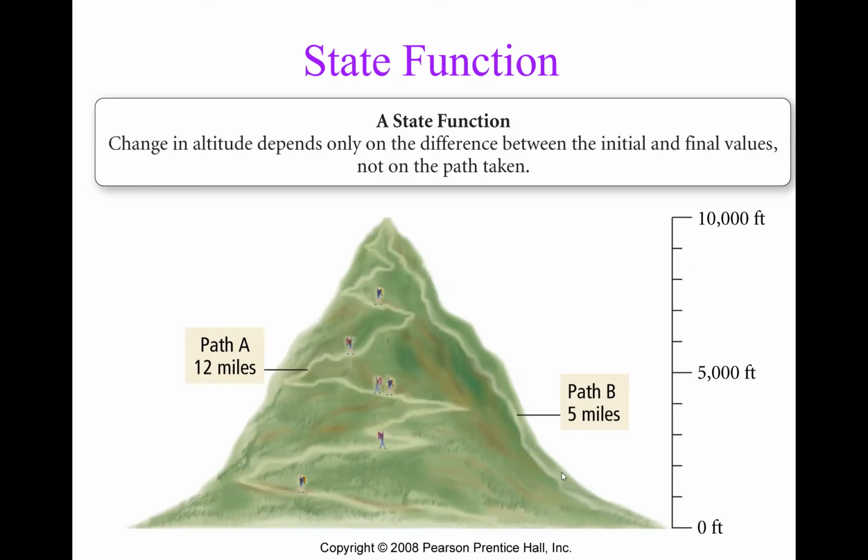Whether you go the vertical one right up it, or the more gentle, switchbacking one, it doesn't affect the result. The state function in this instance is just the altitude. With us, it's going to be the kilojoules of a reaction. It doesn't matter how we got there. Path A for the chemical reaction would be a reactant going from A to B, then B to C, then C to D, then D to E, whereas path B would be from A to E directly.